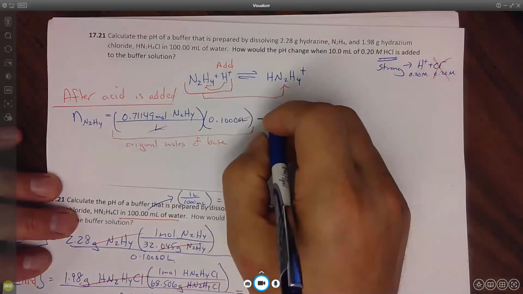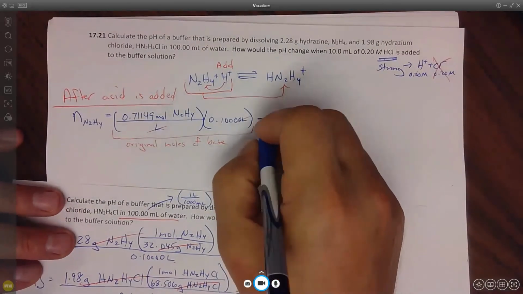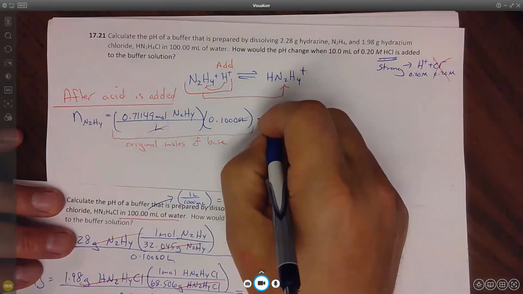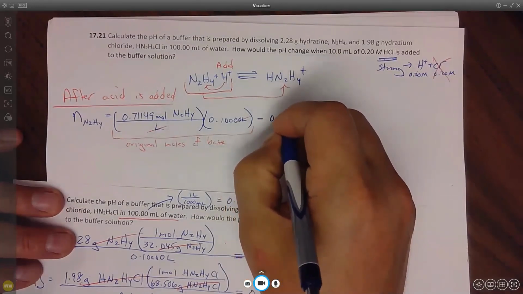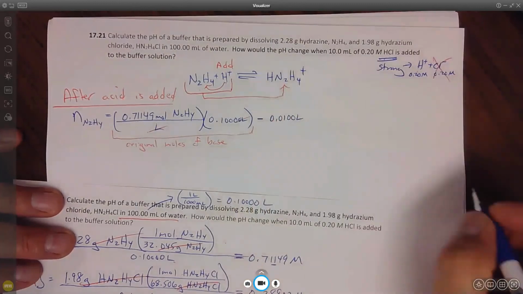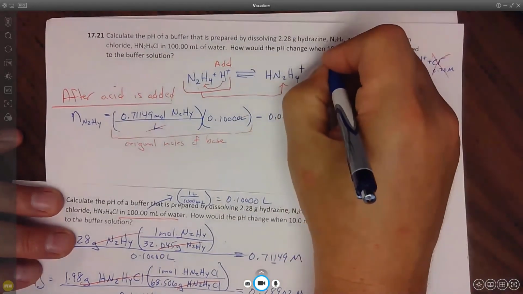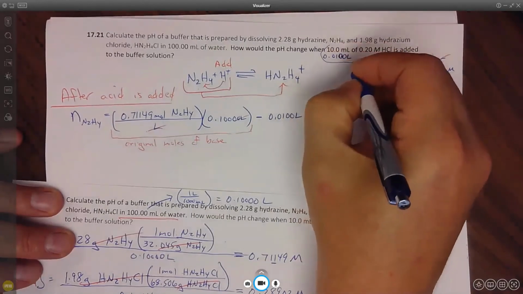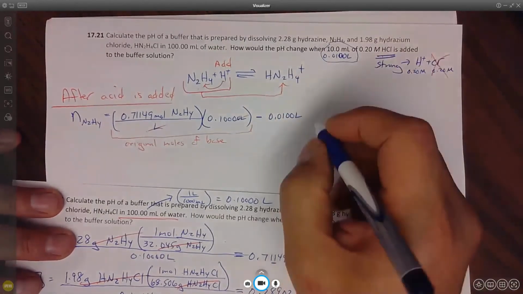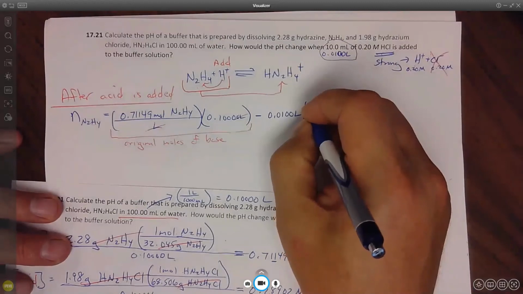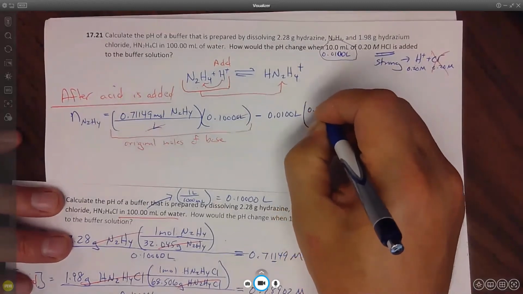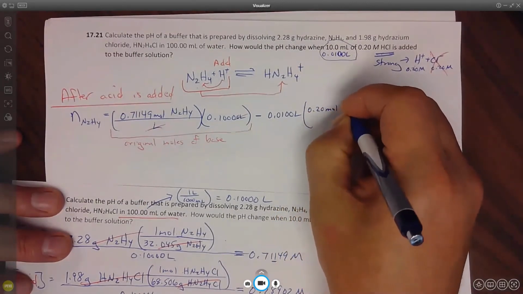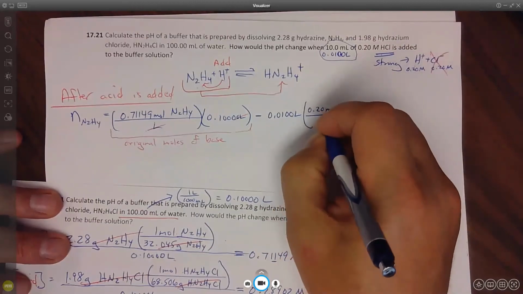So then we have, again, the 10 milliliters, which is going to be 0.0100 liters, right? So this is just 0.0100 liters. That's what this is here. Okay. Then we have 0.2 moles of H plus or HCl per liter.